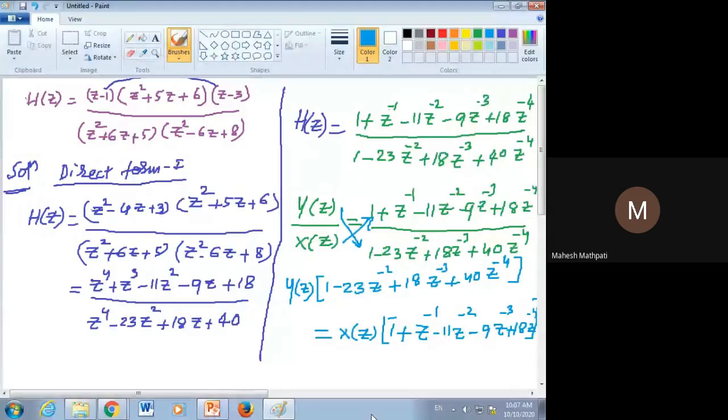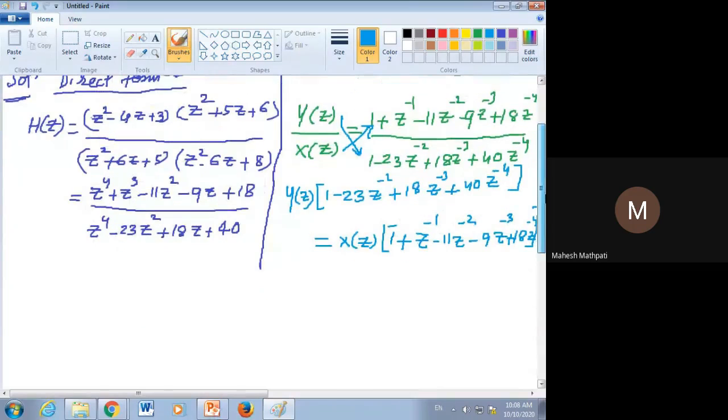Hope everyone understood this. Any difficulty in this part?